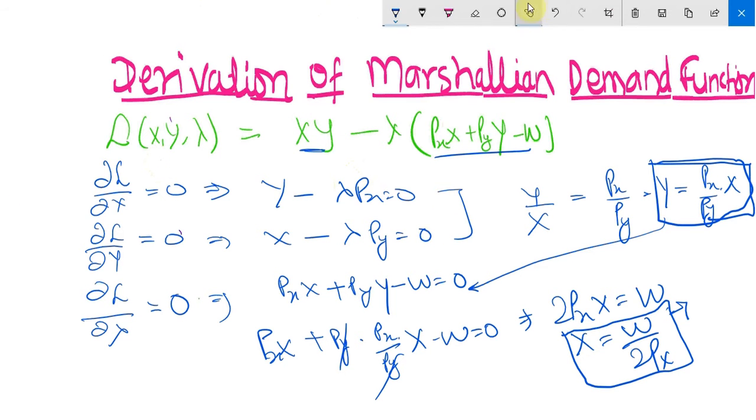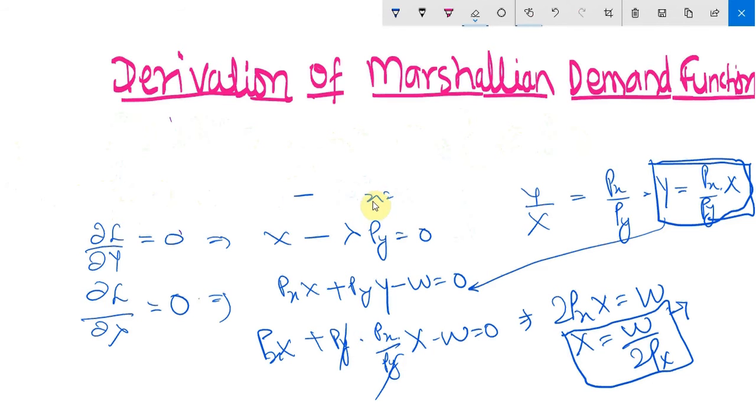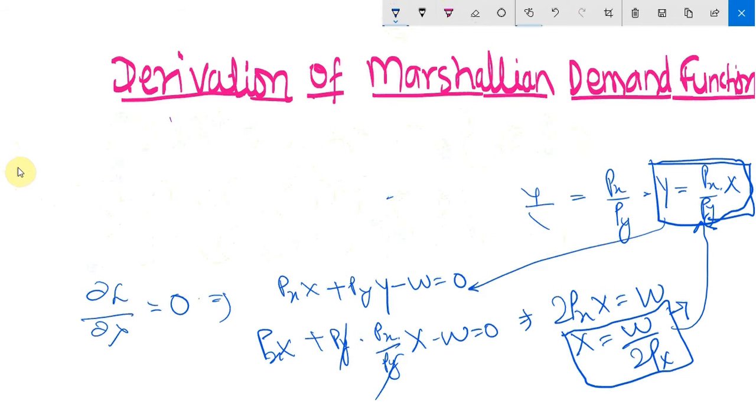We can now derive the demand function for the y commodity by simply substituting the value of x in one of the two equations. Let us substitute the value of x in this equation.